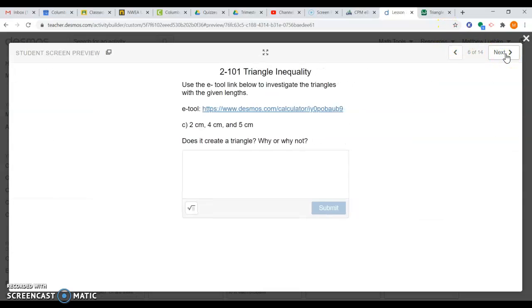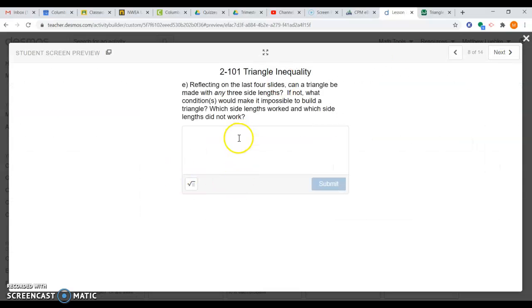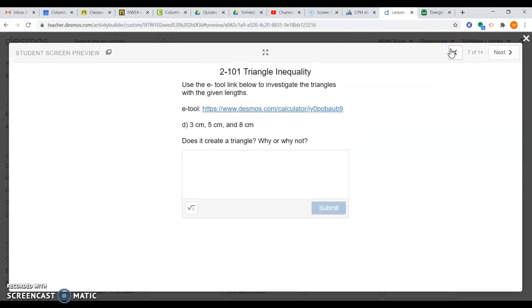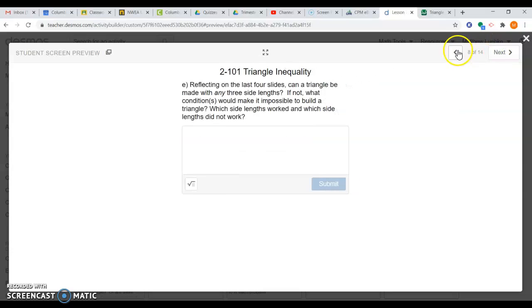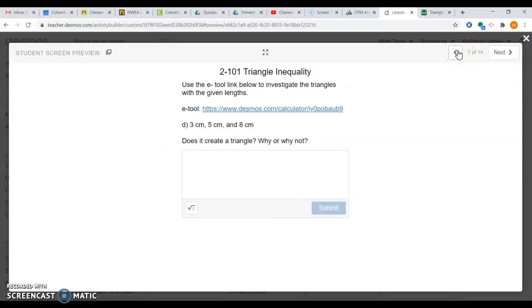And so after you work through those examples, you move on to the reflection, probably the most important part of this lesson, reflecting on these last 4 slides and saying which ones worked, which ones didn't work, and why? The one thing I would be looking for is my short side lengths in comparison to the long side length. Adding, subtracting, what's happening there?